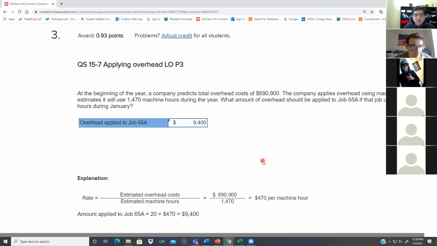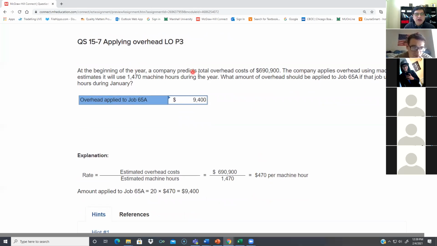Yes. Okay, so suppose there are many jobs which are run in this company. One of the jobs is 65A, which uses 20 machine hours. That basically means if I have to apply overhead to this job, 65A, I've got 20 machine hours, which is the actual level of activity. In our case earlier, it was 20,000 bread and bowl.